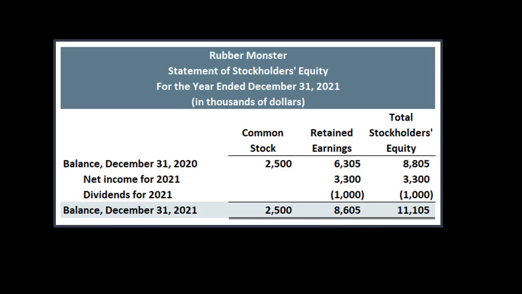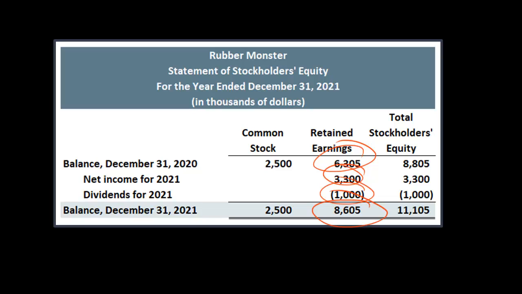We can see that there were a couple of things that happened here. We had net income during the 2021 fiscal year of $3.3 million, so that's going to increase the retained earnings balance. And then there were some dividends of $1 million. So the ending balance of retained earnings is the beginning balance plus the net income minus the dividends.